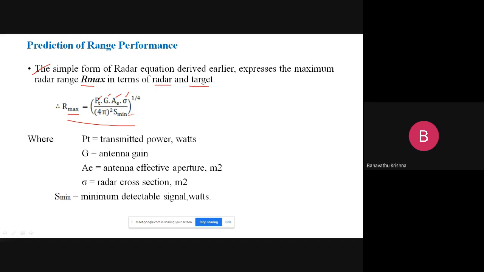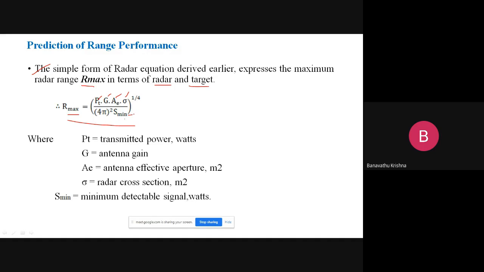Such reflected signals are called echo signals. The amount of signal received at the radar receive station is represented by the minimum detectable signal. These are the major parameters here.